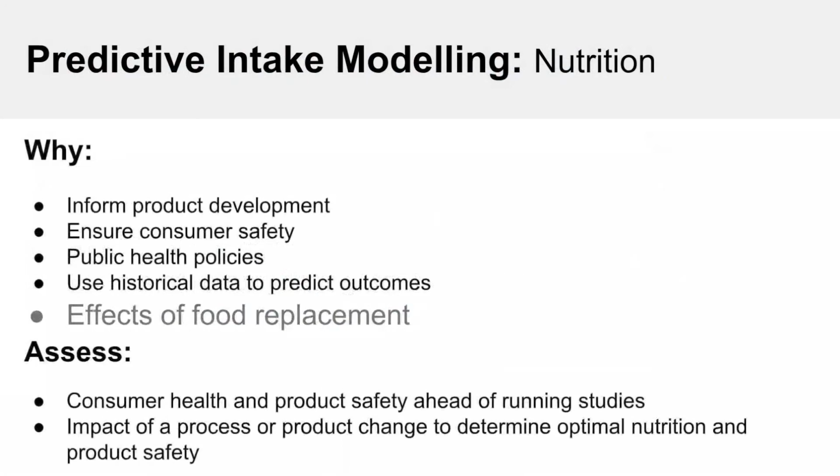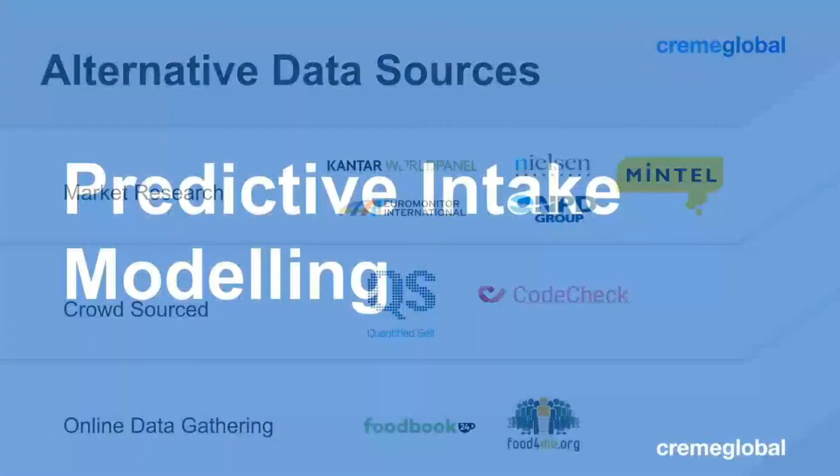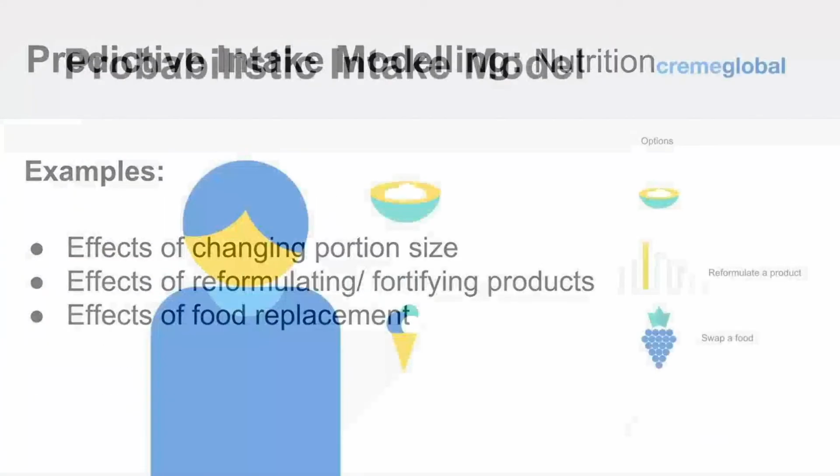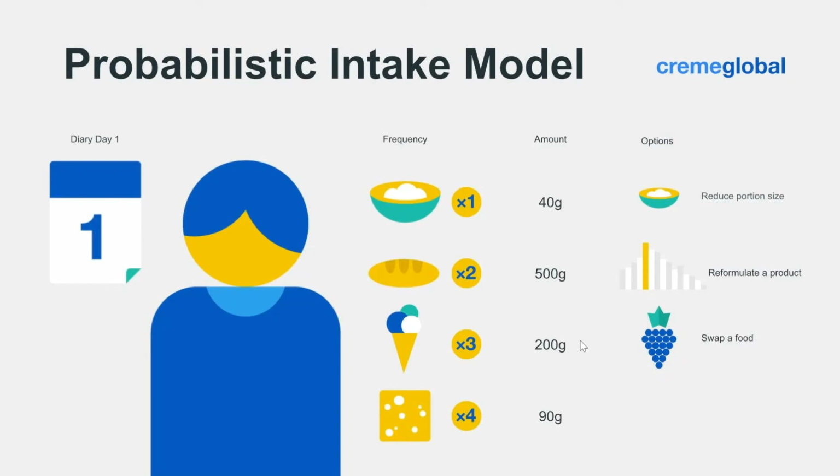So how does this work? We have a person and we know what they've consumed in a day. We can look at different scenarios. So, for example, we could take a food and we could look at what would happen if we reduced the portion size. And we could take another product like bread. We could see what would happen if we reformulated, like reduced its sodium intake.